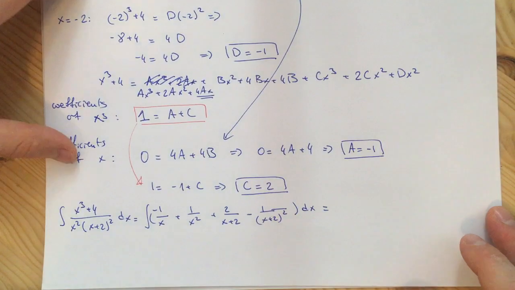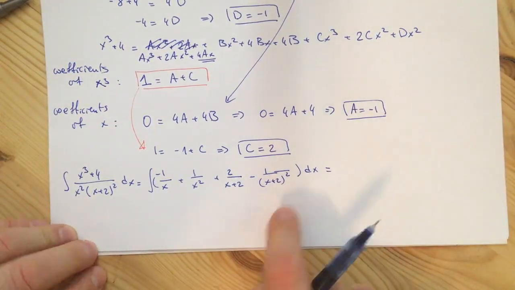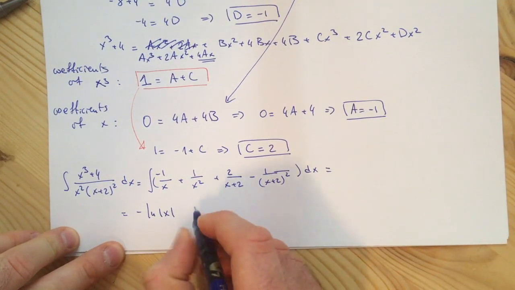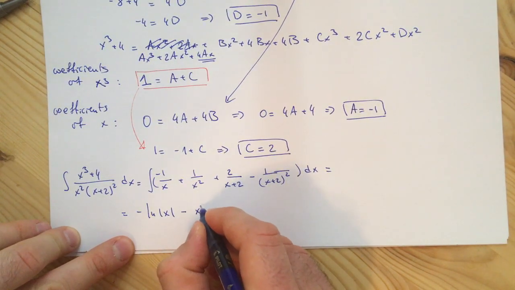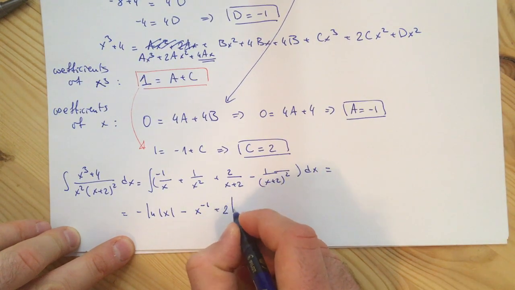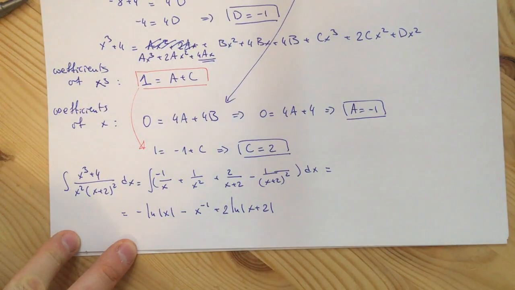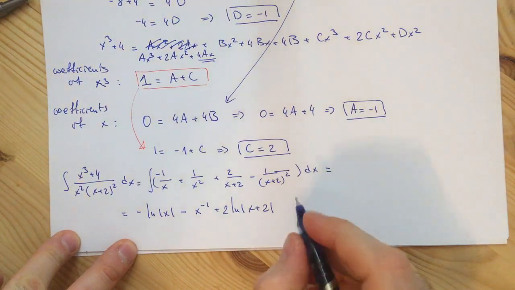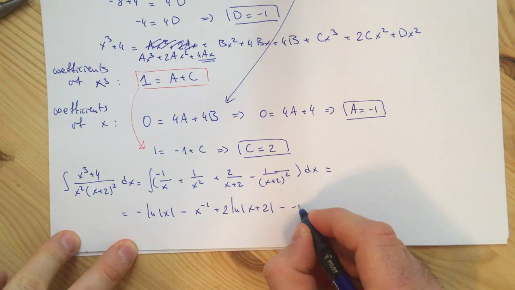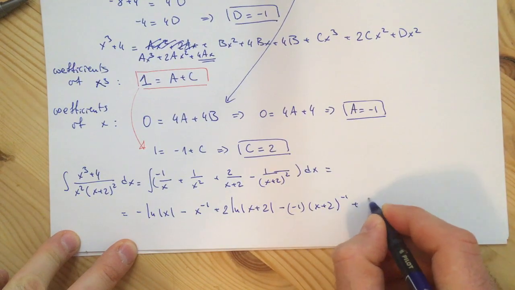And this is very, very simple. All of them are very simple integrals. So this is -ln of absolute value of x minus x to power -1 plus 2 times ln of absolute value of x plus 2 minus -1 times (x plus 2) to power -1 plus c.